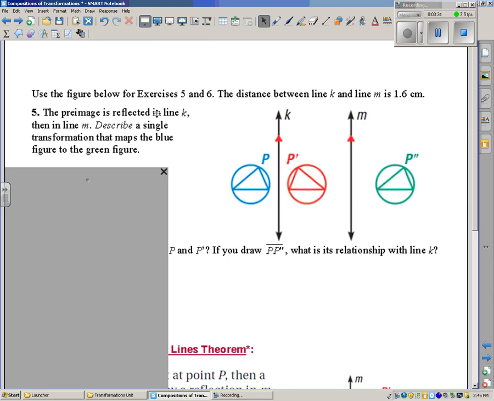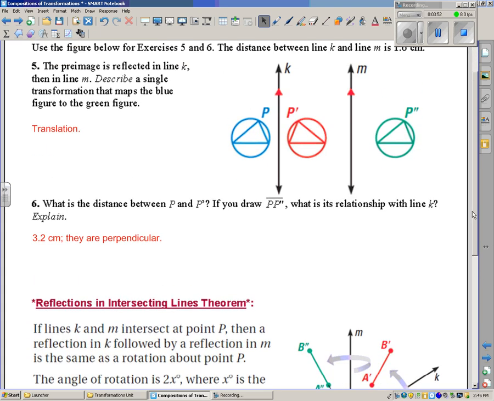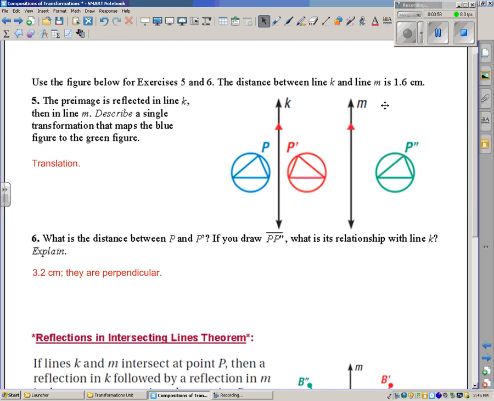So we have a pre-image reflected in line K and then in line M. Describe a single transformation that maps the blue figure to the green figure. It's a translation, right? We're just sliding to the right. And that would be a distance of 3.2 centimeters because the original distance between the two lines is 1.6.